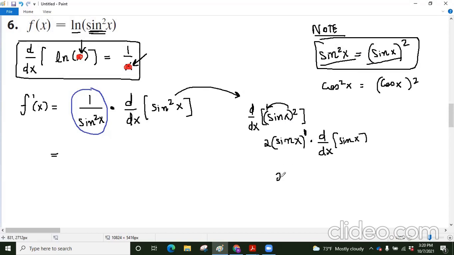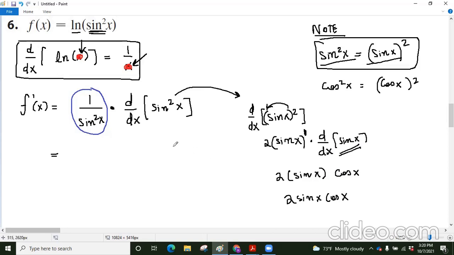So that's 2 sine of x multiplied by the derivative of sine of x, which is cosine of x. So it's 2 sine of x cosine of x. And that's essentially the derivative for sine of x squared.